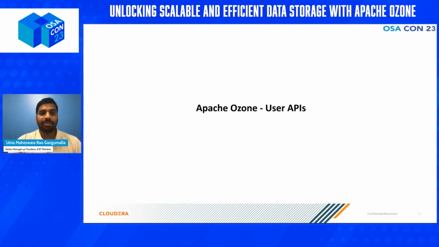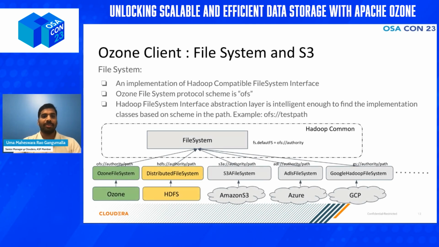The next topic is the user APIs. We have two key API sections here. One is the file system, and the other side of the user APIs is like Amazon S3, so that any S3 application can just access this Ozone system.